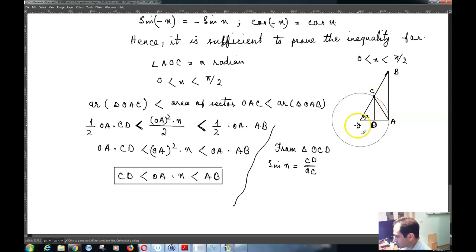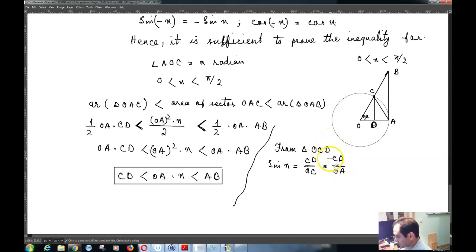And since the radius of the circle OC is equal to OA, I can write this as CD divided by OA.